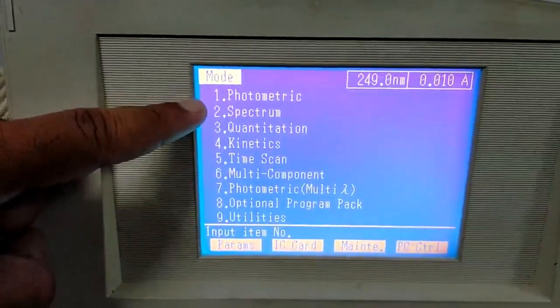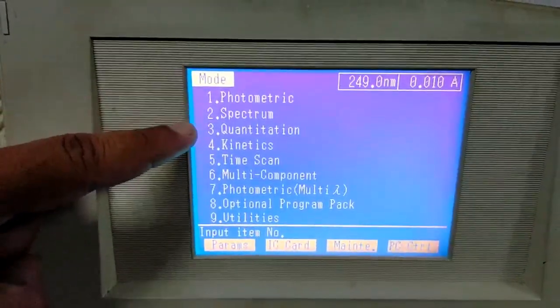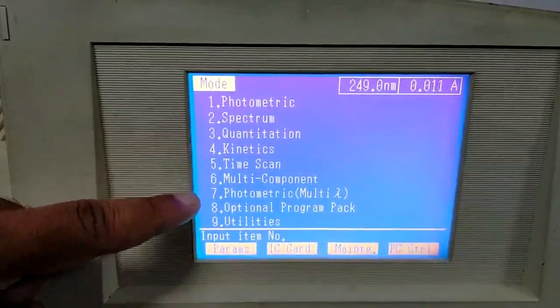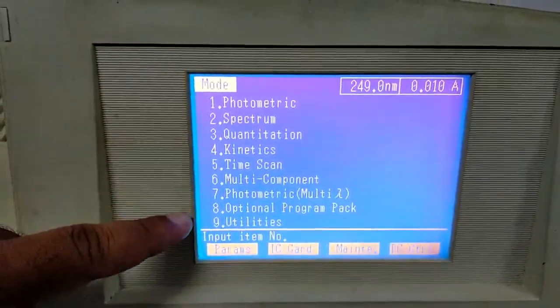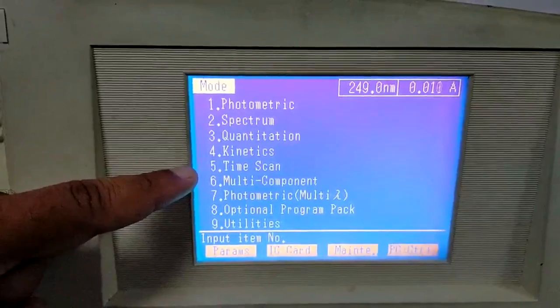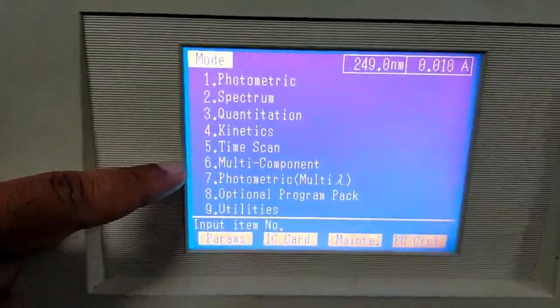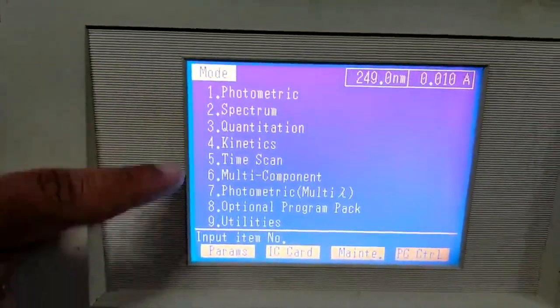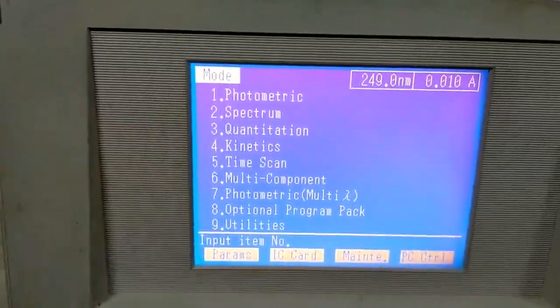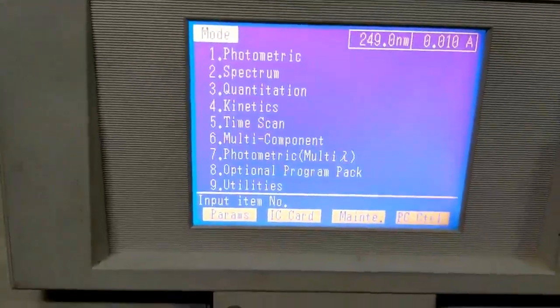In mode 1 you will see the photometric, 2 spectrum mode, 3 quantification, and so on. The different modes are available, in which the fourth one is the kinetics, fifth one is the time scan, and sixth one multi-components analysis. Rest other is the other utility functions of the UV spectrophotometers.